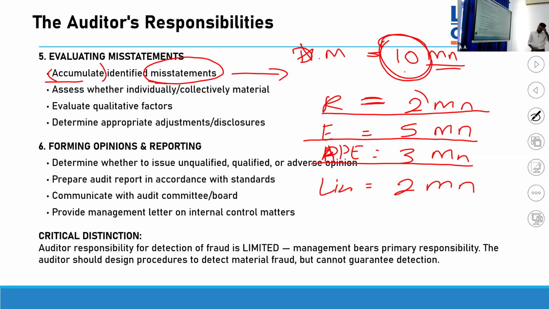But as an auditor, it is your responsibility to accumulate identified misstatements in order to assess whether those misstatements exceed our materiality level or not, right? We have completed our audit procedures. Now let's accumulate those misstatements. Okay, 2, 5, 7, 7, 3, 10, 12. But what happened here?